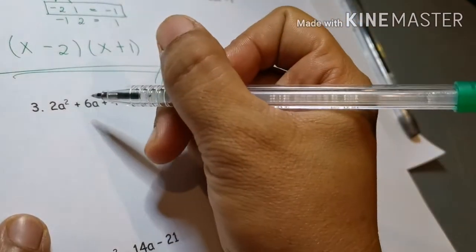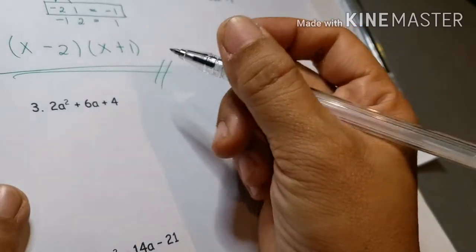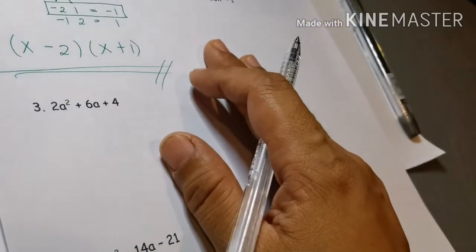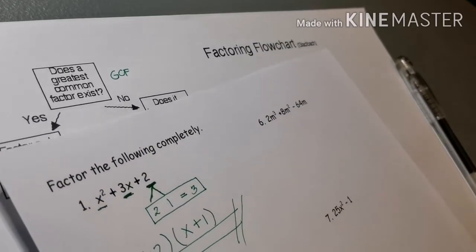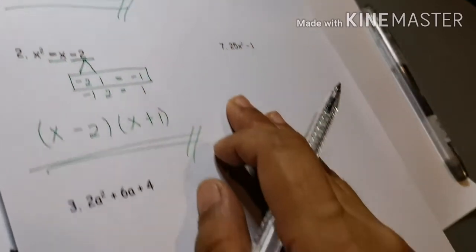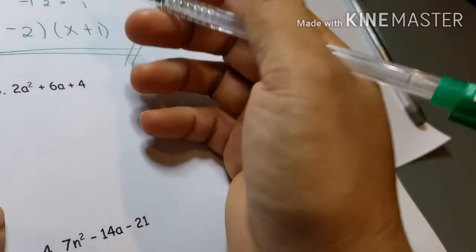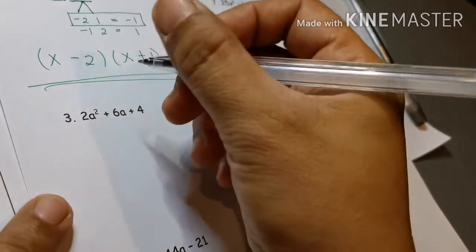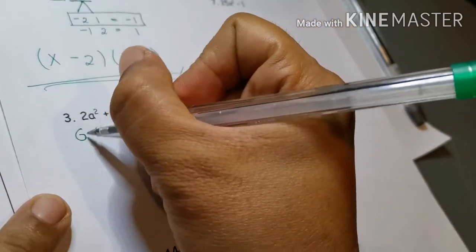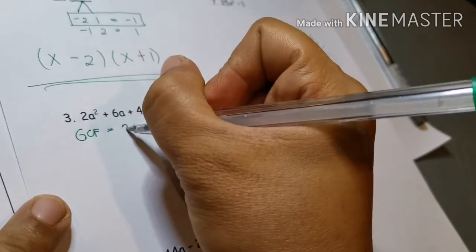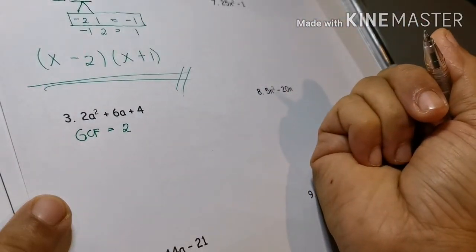We have 2a squared plus 6a plus 4. Now, what is the first question? It is, does a greatest common factor exist? Do we have a common factor? Yes, we do. 2 is our greatest common factor.